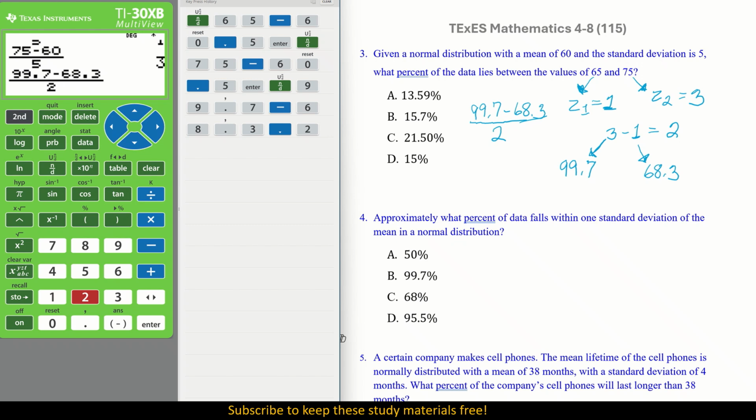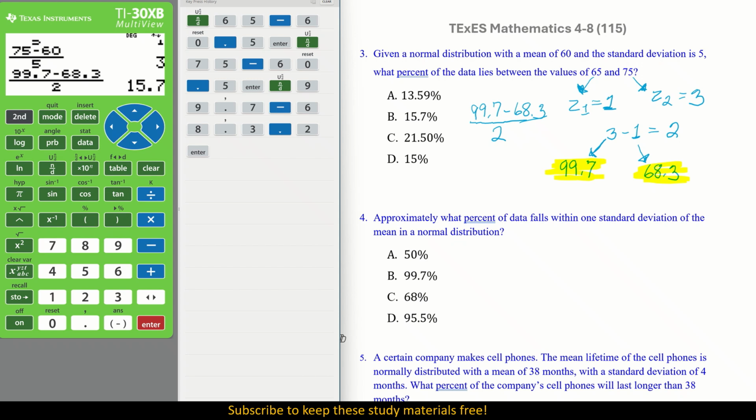If you change it from the percent to a decimal, then you have to go back to a percent. That is going to waste time. Put it in as you see it according to the empirical rule. All right, so now let's push enter.